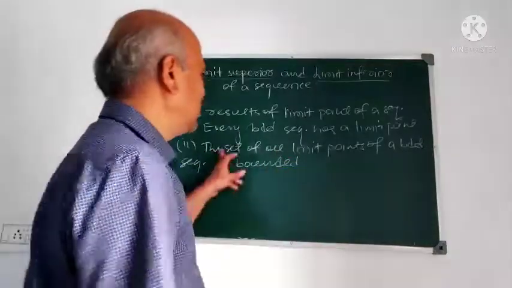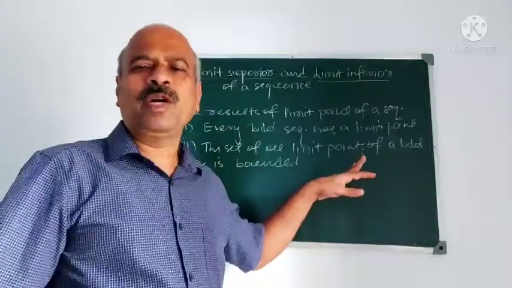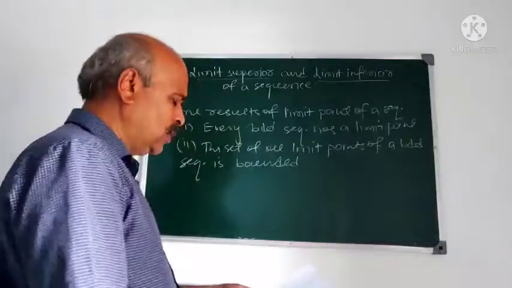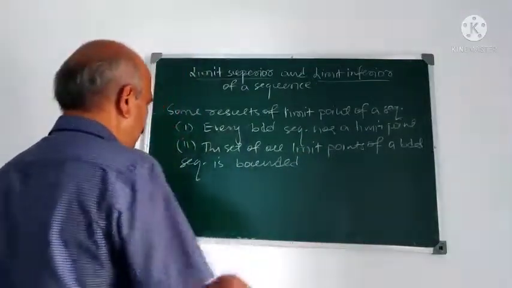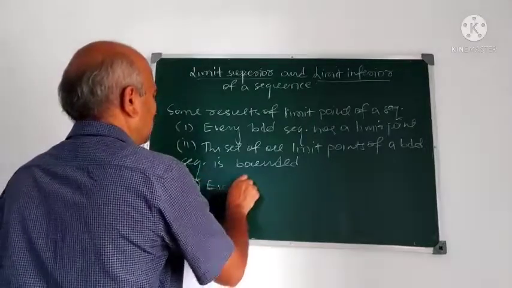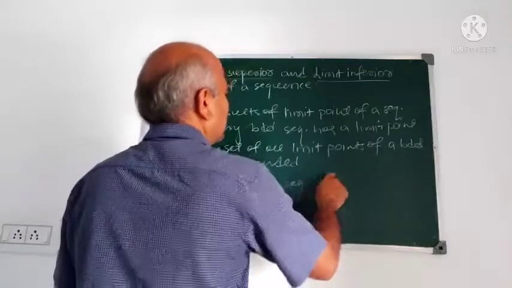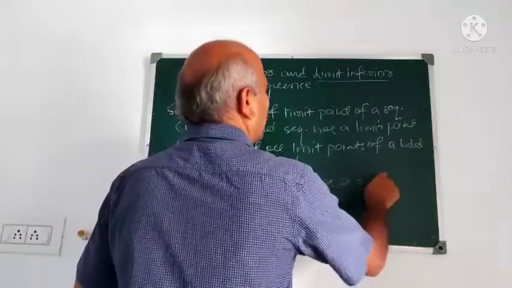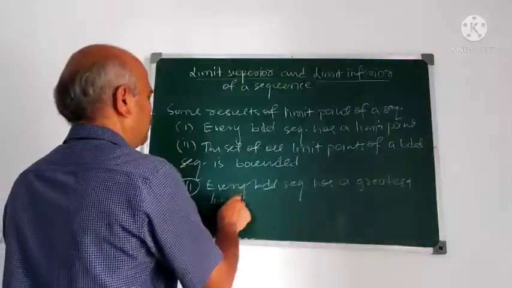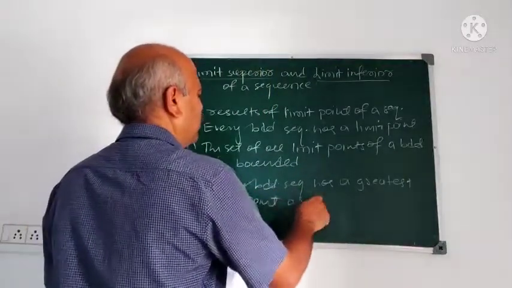Limit points means there may be many limit points. We consider the set of all those limit points. If the sequence is bounded, then the set of all limit points is also bounded. And third one, every bounded sequence has a greatest limit point and least limit point.